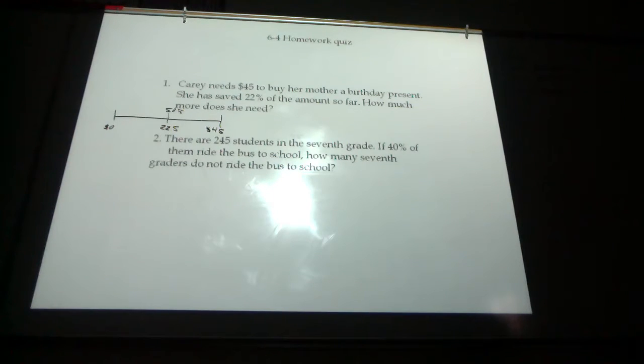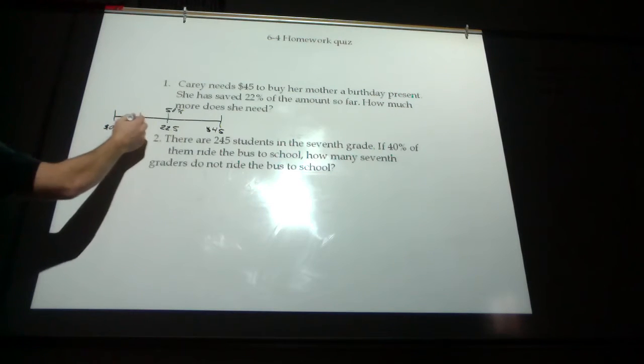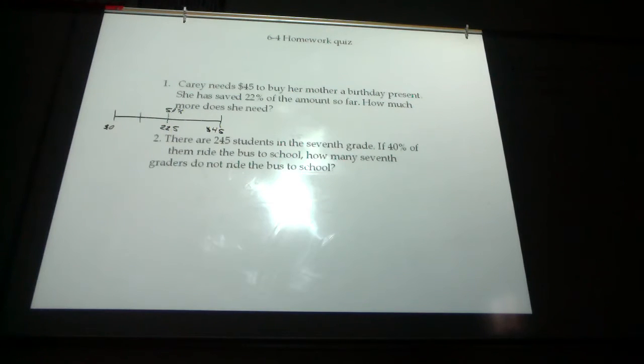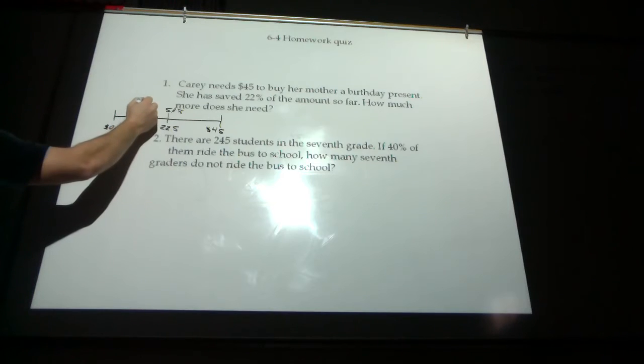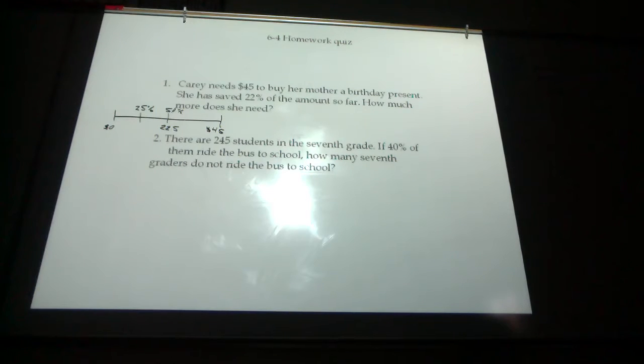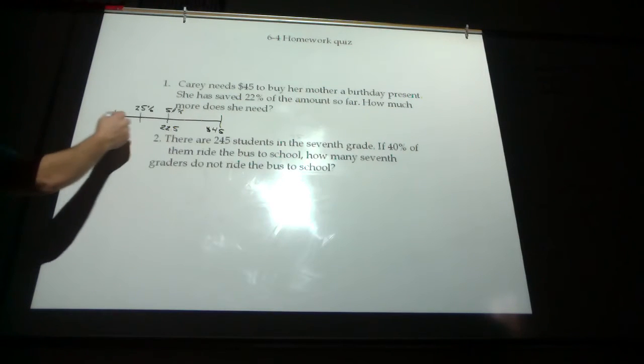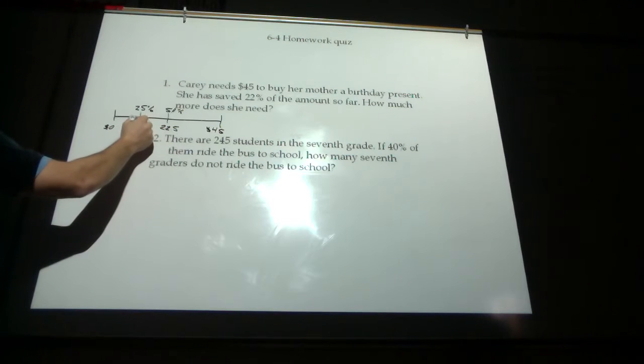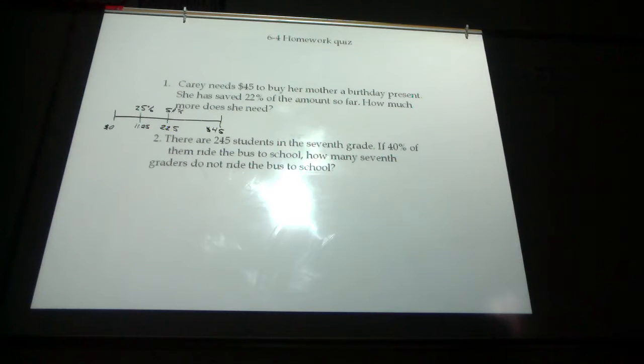That halfway point is 25%, because halfway between 0 and 50 is 25%. What would that number be? $11.25. Now, what we found was 25%. It's our goal to find 22%. If we were doing lesson 6.3, we would have found about where we needed to be.